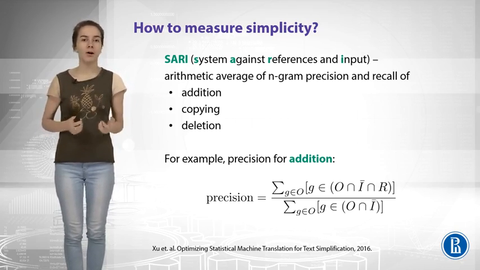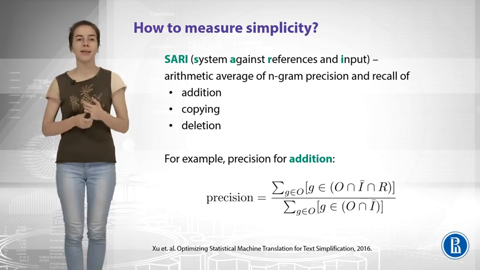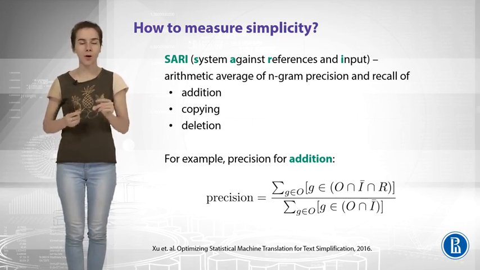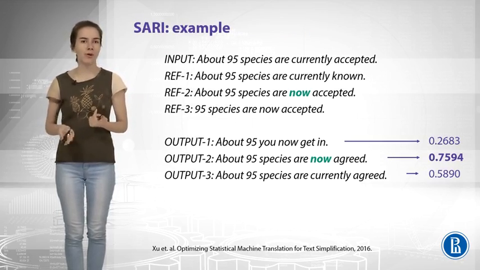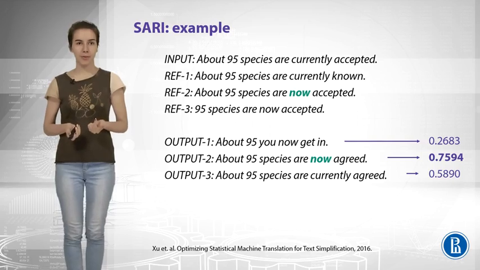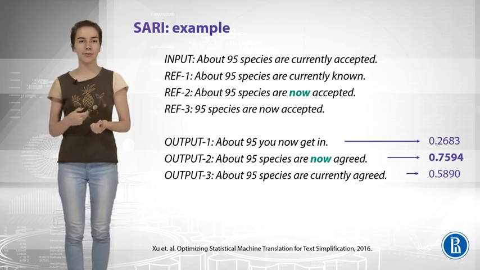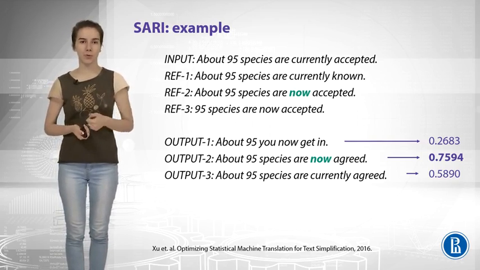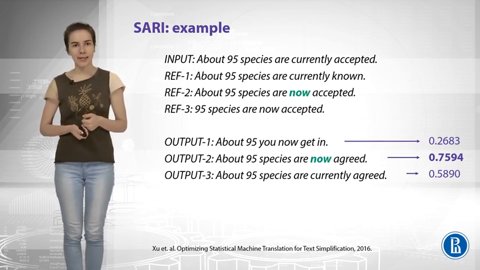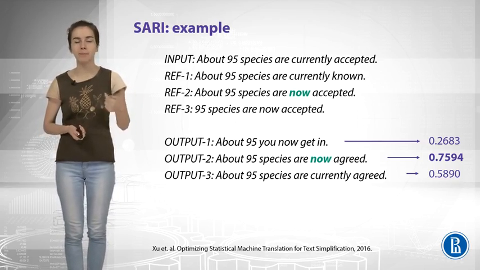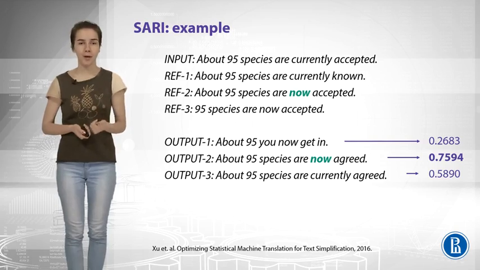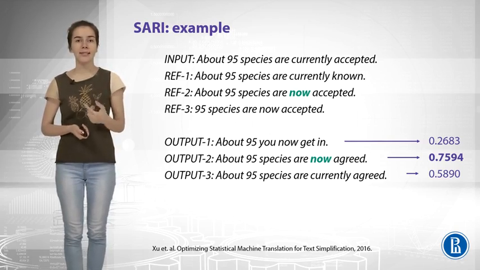Now you can think about recall for addition and precision and recall for other operations and somehow average them to get this score. I want to show you that this score actually works. For example, we have the input and 3 references and 3 outputs. And you can see that the second output is definitely better than the third one, because it is simplified.